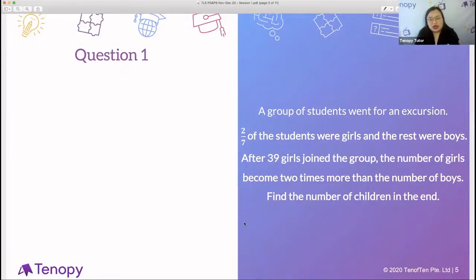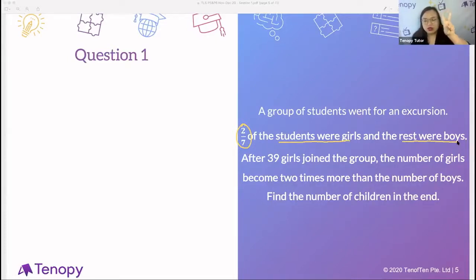When I come across this question, the first thing to do when I read is always highlight keywords. So I ask myself, what are some of the keywords that I should be highlighting? They say 2/7 of the students were girls and the rest were boys. Now, can someone help me with splitting out the numbers?